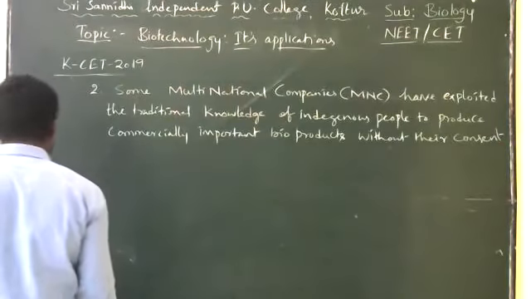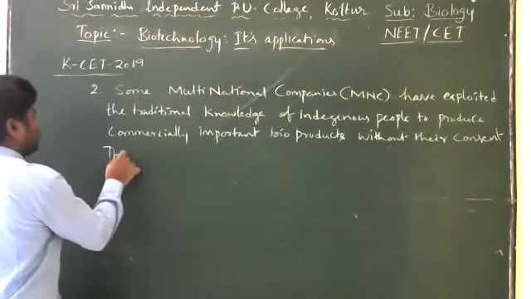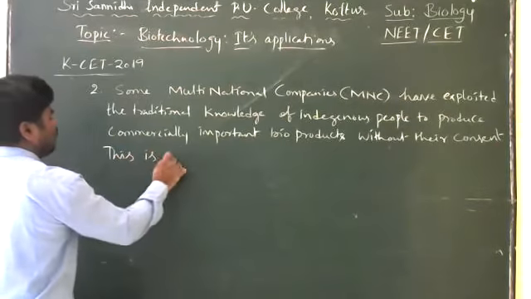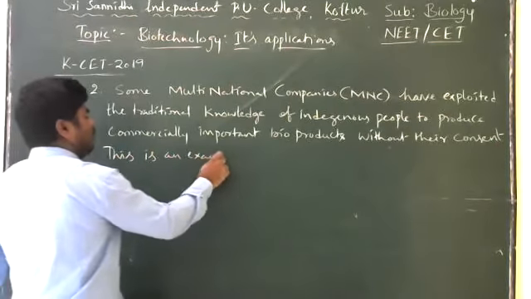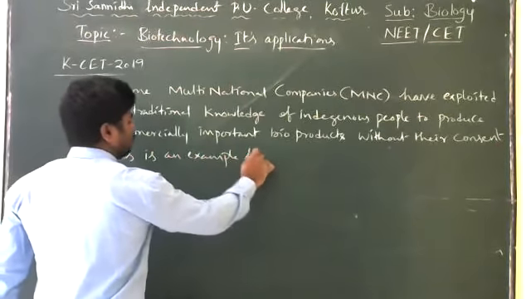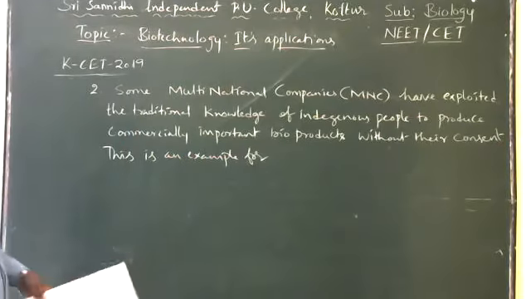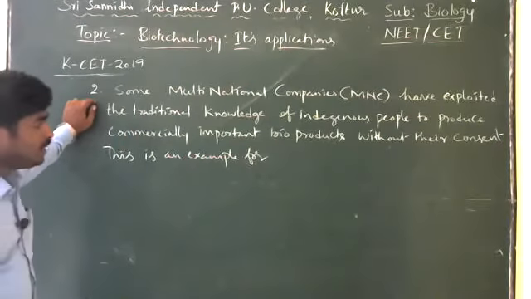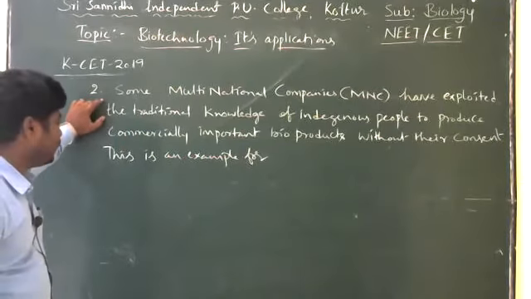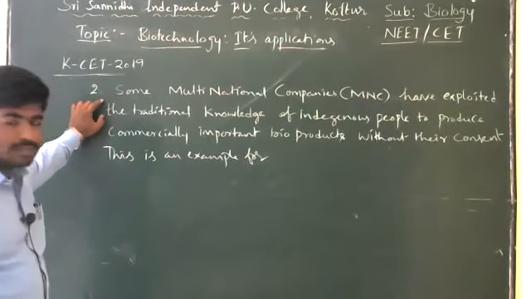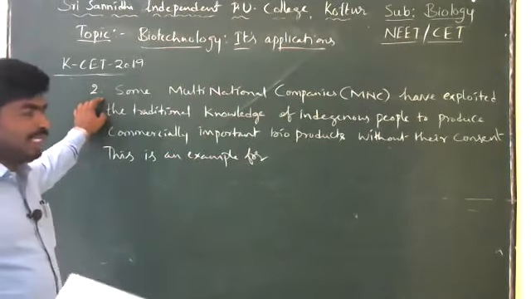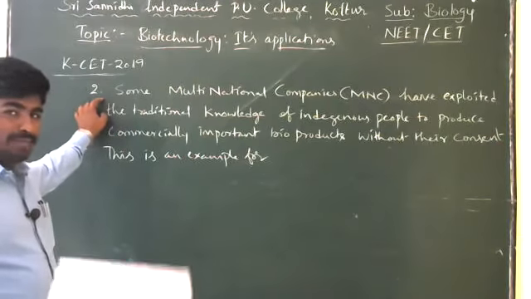So the given question says some of the multinational companies have exploited traditional knowledge. Exploited means multiplying and marketing that.